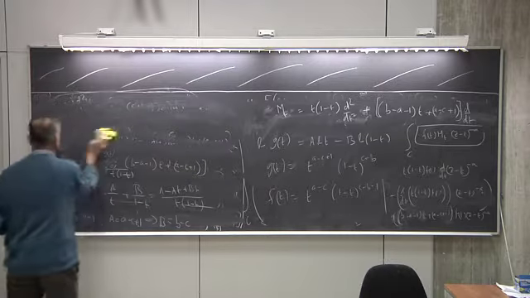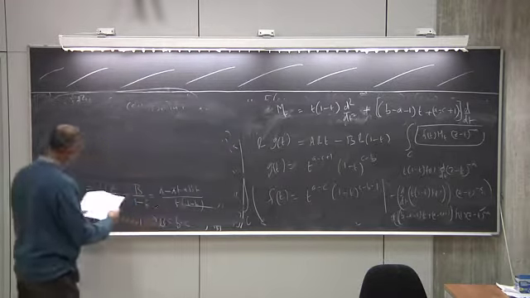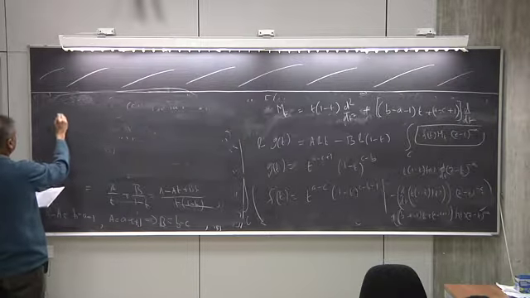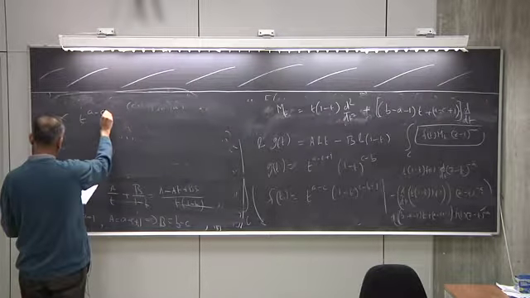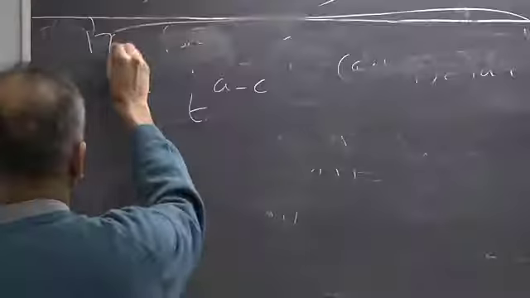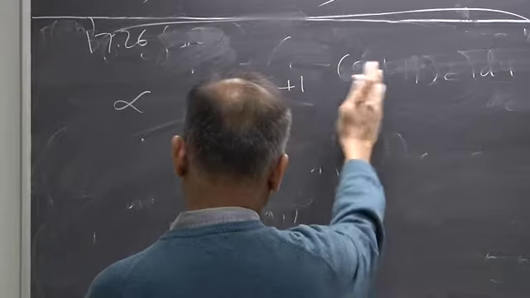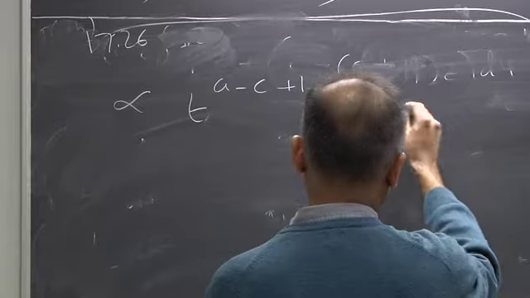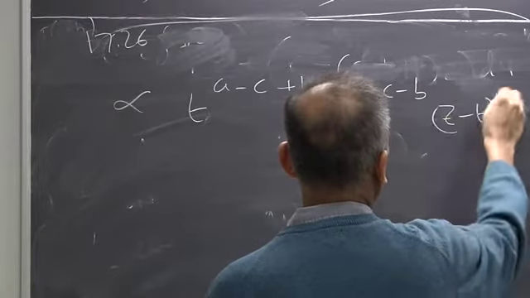I'm not going to spend the time to explicitly write it down, because it will take too much time. So it turns out, combining all of that, that this expression is basically proportional to t to the power of a minus c, which I'm writing down as 17.26, a minus c plus 1 times t to the power of a minus c, times 1 minus t to the power of c minus b, and z minus t to the minus a minus 1.